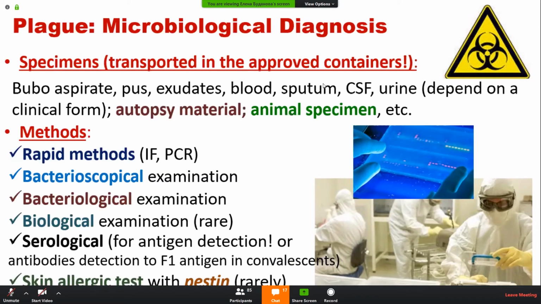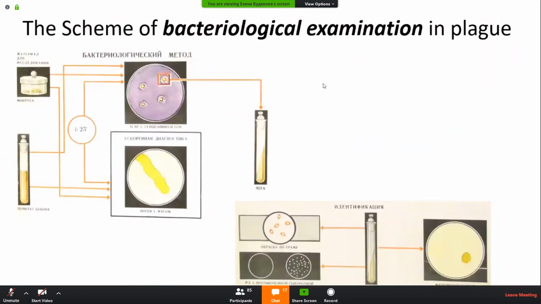Well, here's a scheme of bacteriological examination. It looks like that. The specimen tested is inoculated on the culture medium. You can see fried egg appearance in the picture. By the way, optimal temperature is mentioned on the slide.